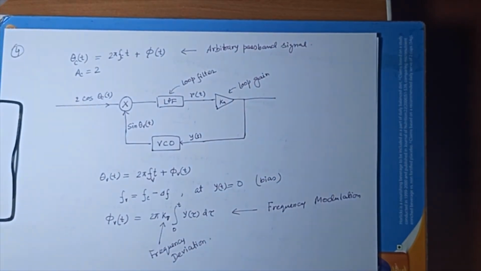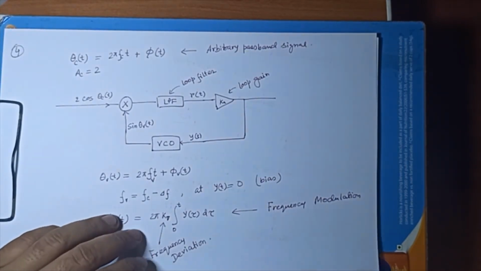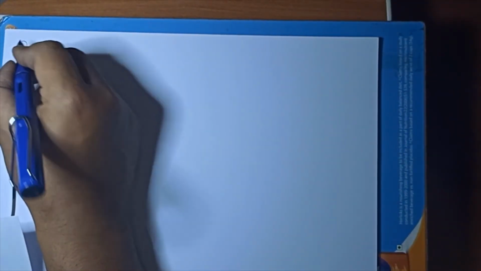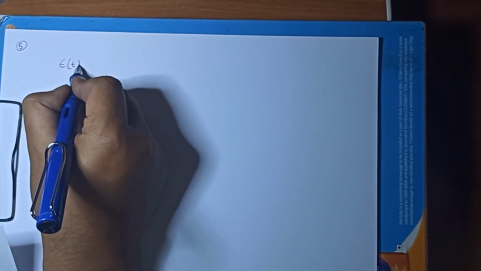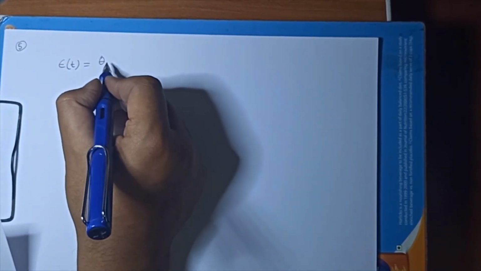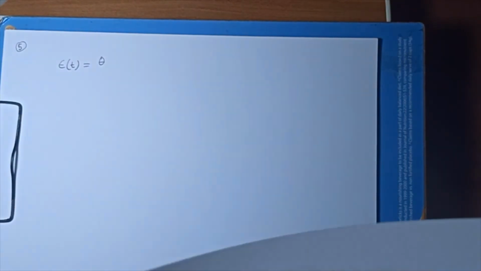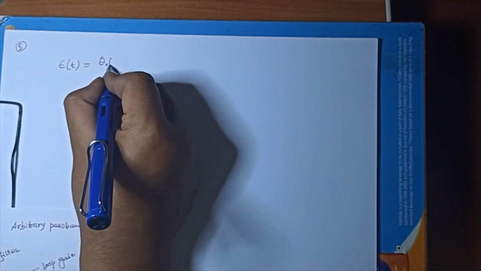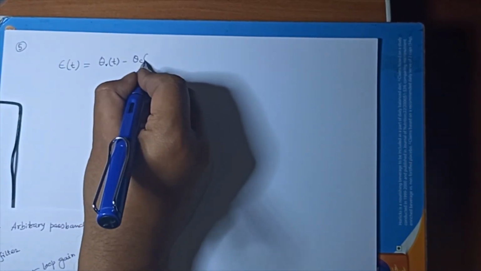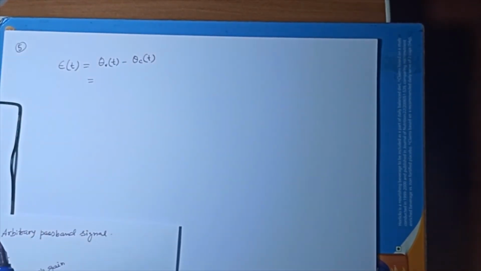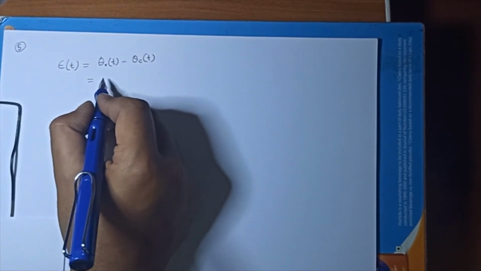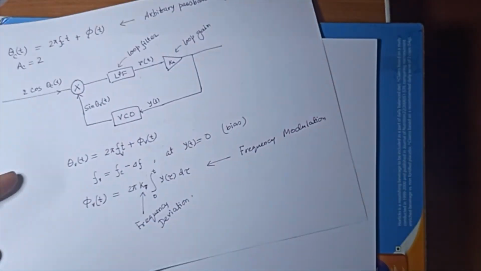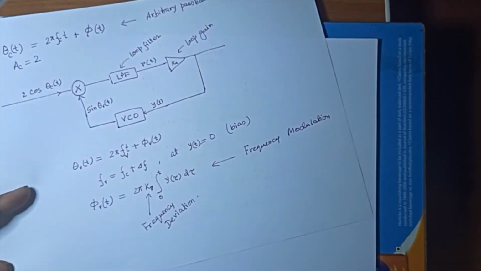So now let us analyze the error phase for the PLL. Your error phase e(t) is theta_c(t) minus theta_v(t), for example, or theta_v(t) minus theta_c(t). What did I write? Yes, theta_v(t) minus theta_c(t). So that is equal to theta_v(t) equal to 2 pi f_c t, I can make it plus delta f, nothing changes.